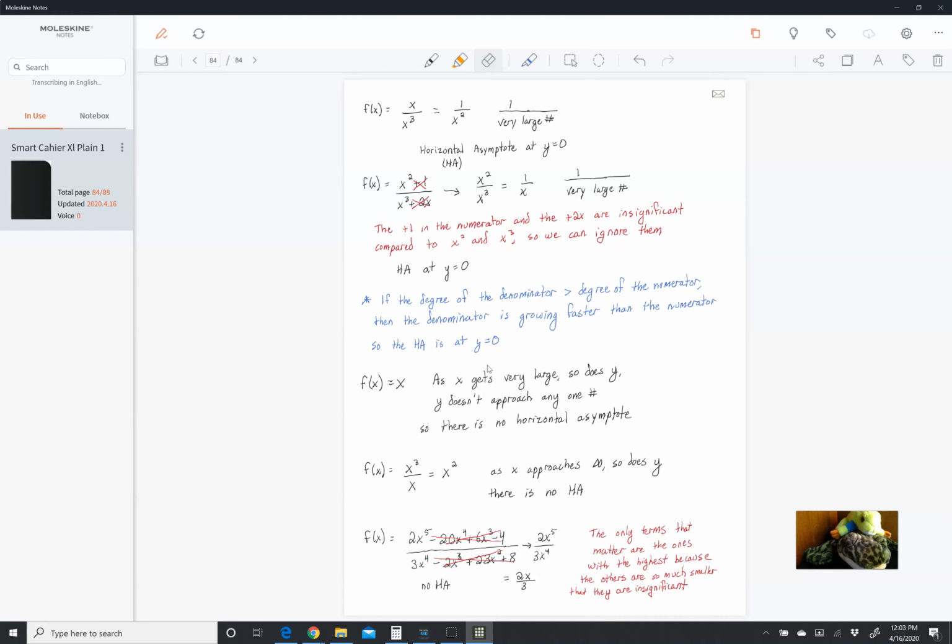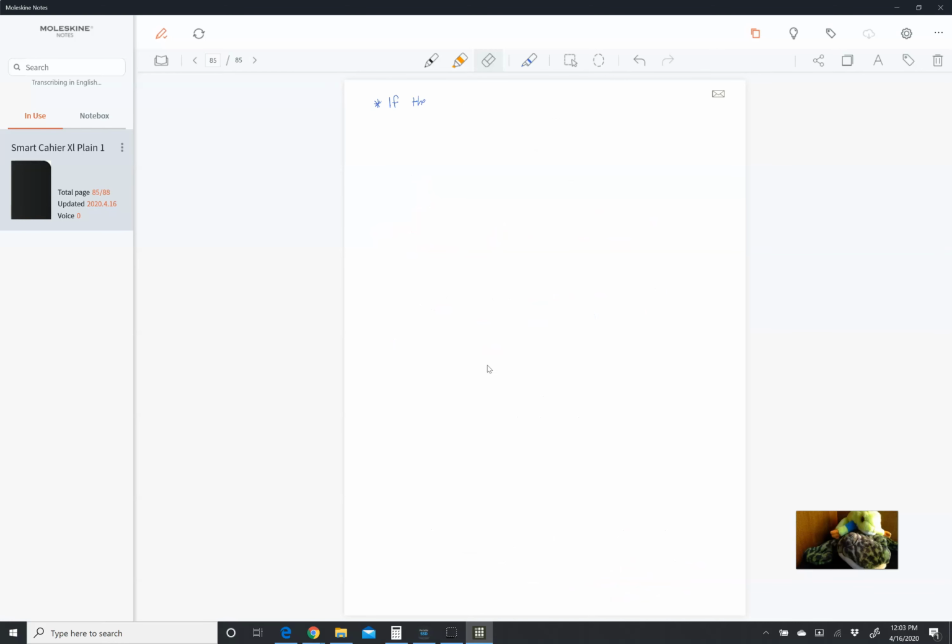If the degree of the numerator, so we're looking at which is growing faster, is greater than the degree of the denominator, that means the numerator is growing faster.